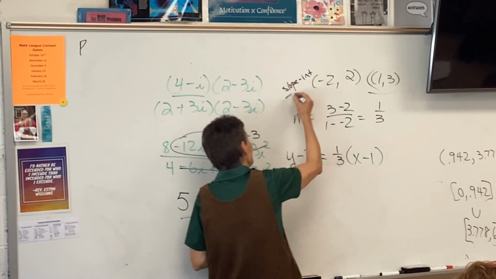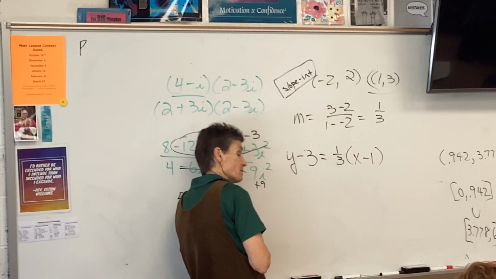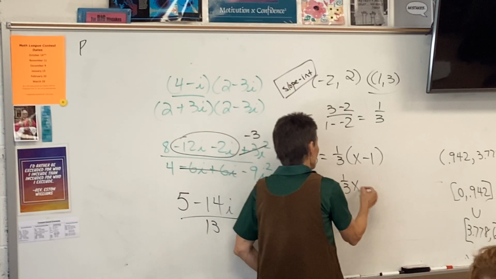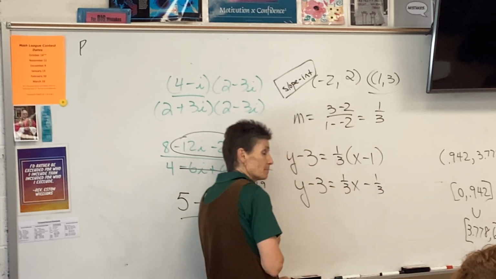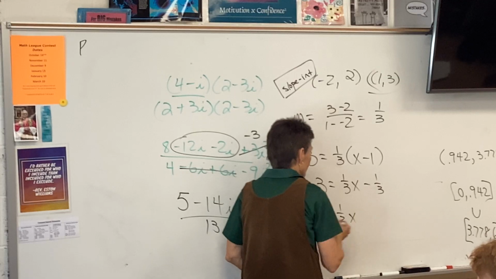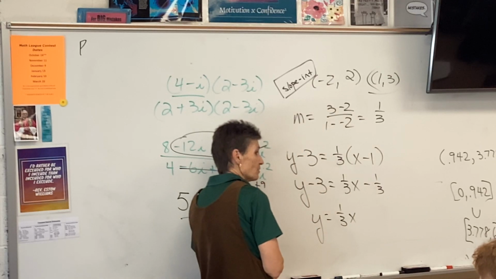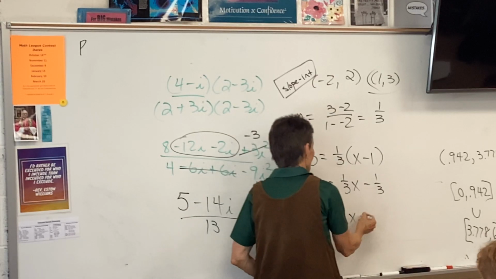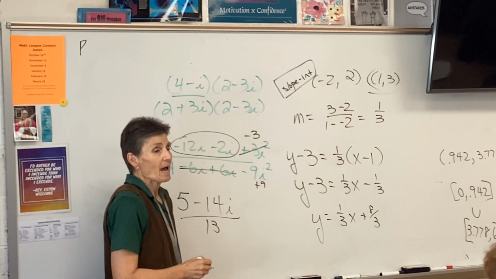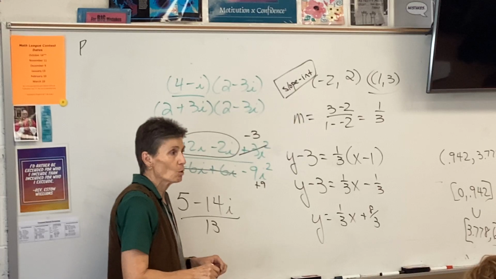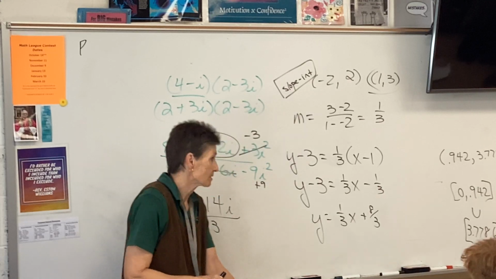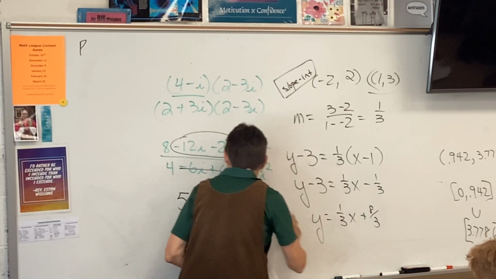But just in case we need slope-intercept, we need to distribute the 1/3 and then add 3. So -1/3 and +9/3, that's 2 2/3. And that would be the slope-intercept form. Just in case we need it.